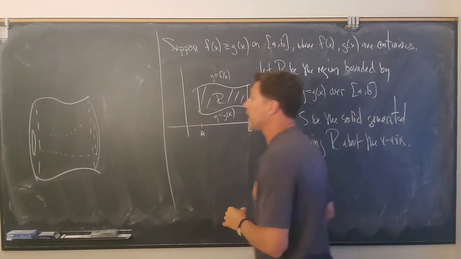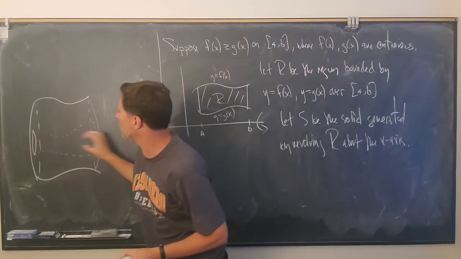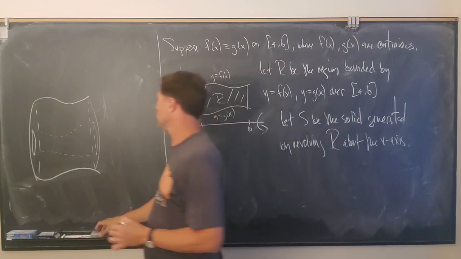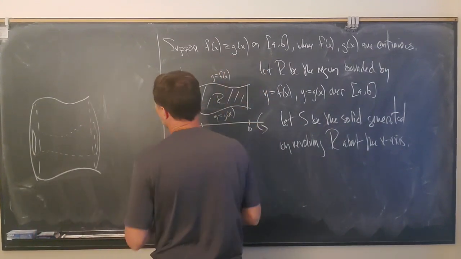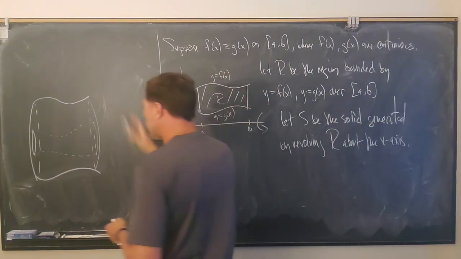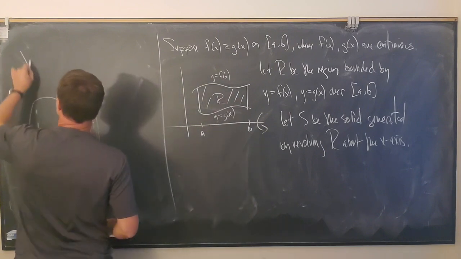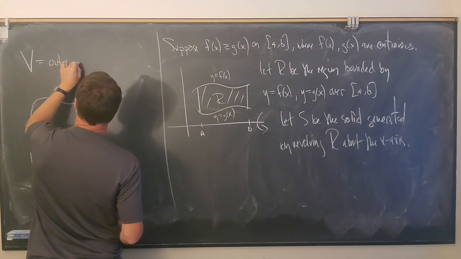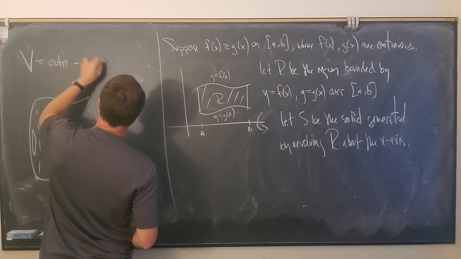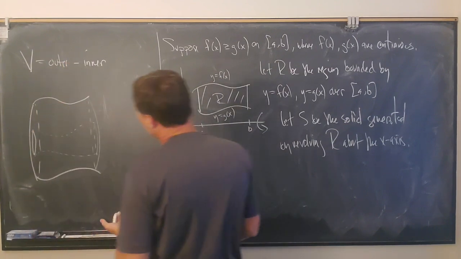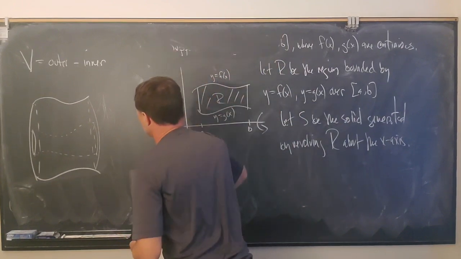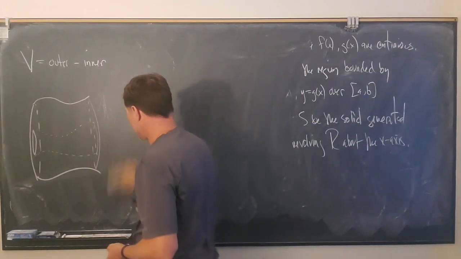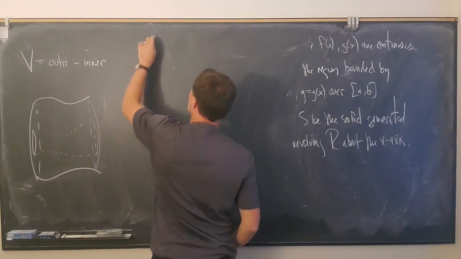So what we have then is a solid that's had a solid removed from it. And so I think it should be clear that the volume of this solid is going to be outer solid minus inner solid. And we've learned how to compute the volumes of solids. So the general formula is going to look like this.